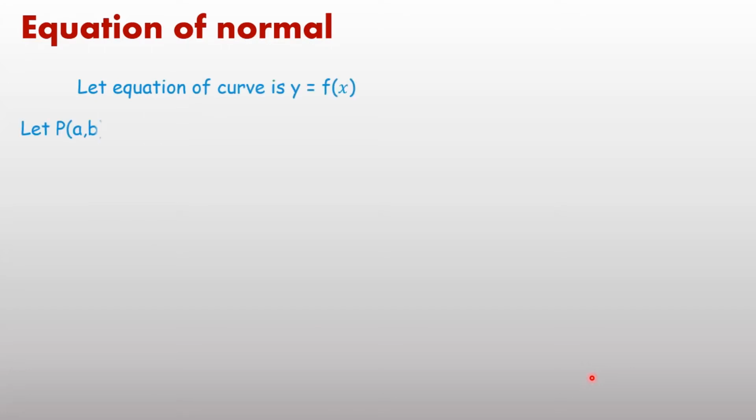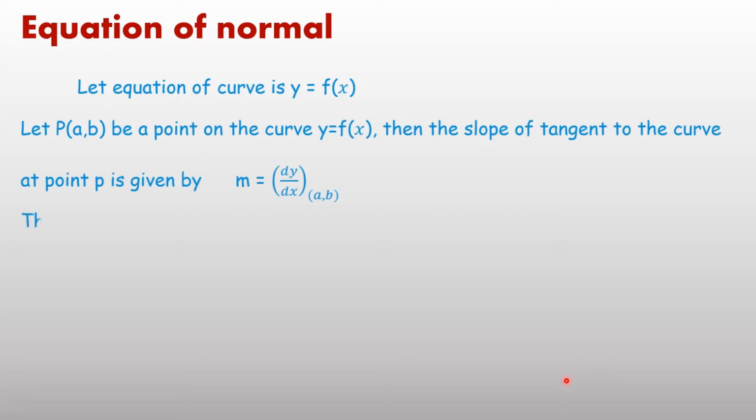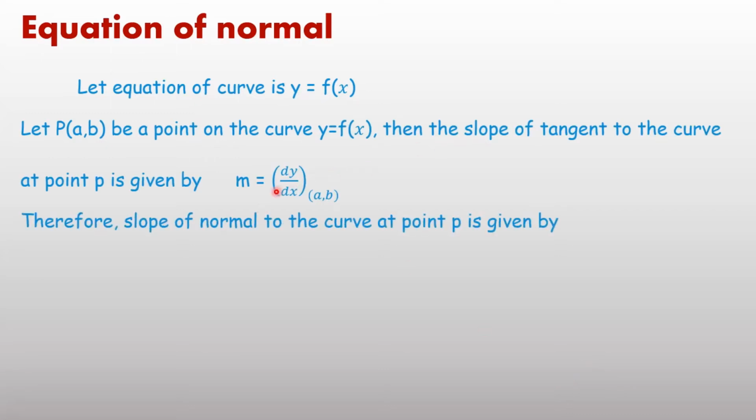Now, for the equation of normal, if the equation of the curve is given as y equals f(x) and the point is (a, b), then the slope of the tangent we can write as m, dy by dx at (a, b). The slope of the normal we can write with the help of the slope of the tangent.